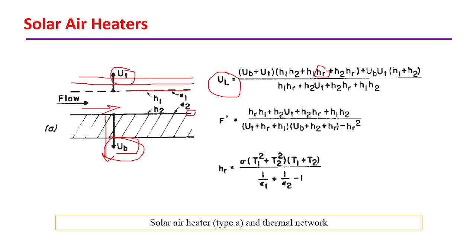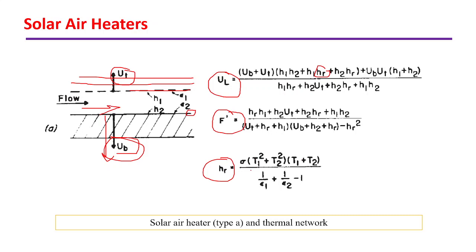Like we see with a vehicle engine or any other thing, the efficiency of the engine is not 100%. Because of that there are some losses, so we have to account for the efficiency everywhere. So F dash is the efficiency for the collector, and HR is the radiation heat transfer factor.